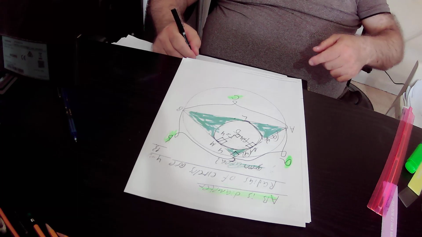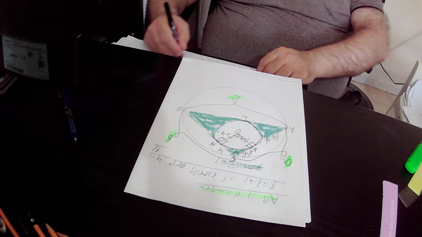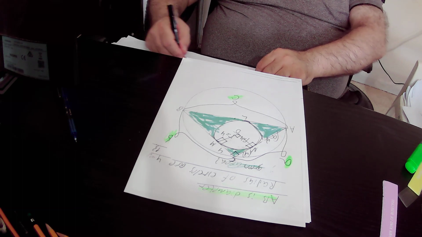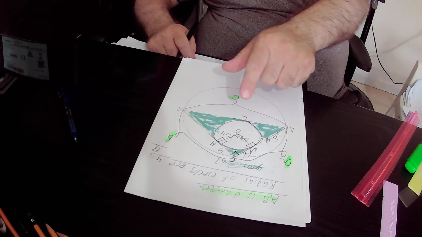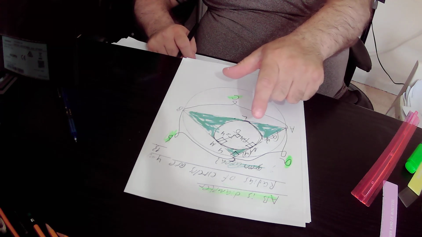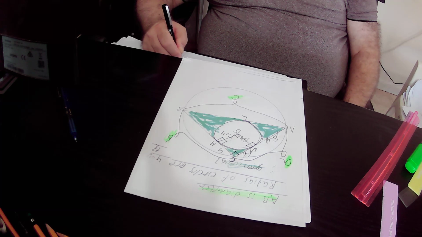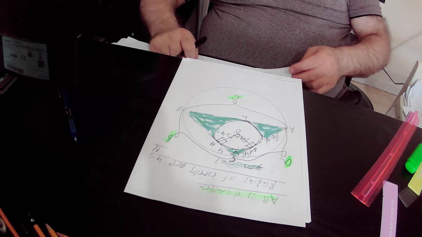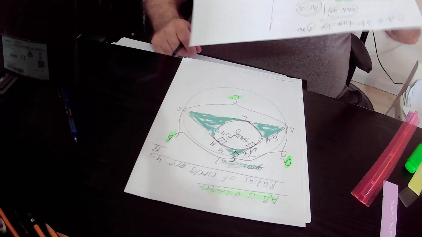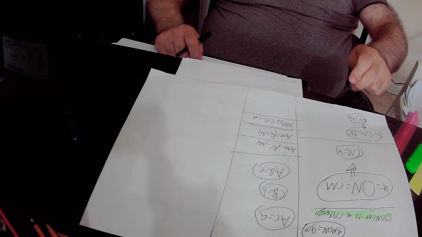From the drawing, it is very easy to see that MB equals CB minus CM. I repeat again, MB equals CB minus CM.